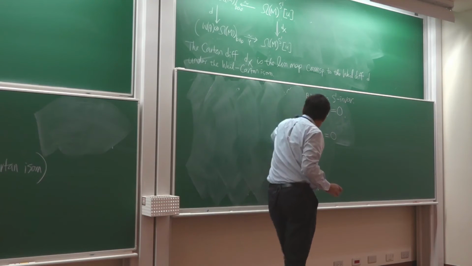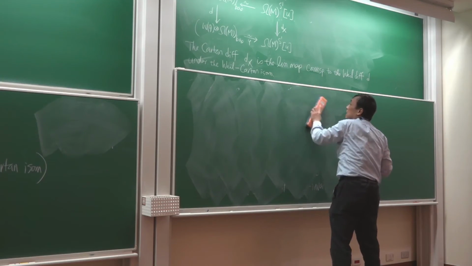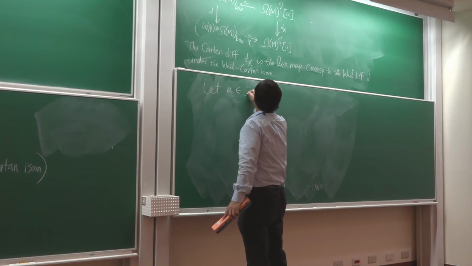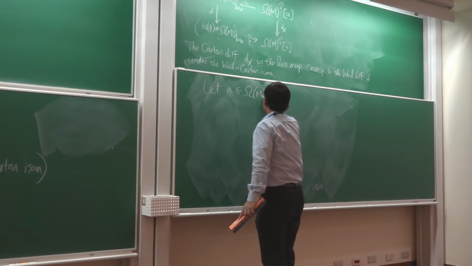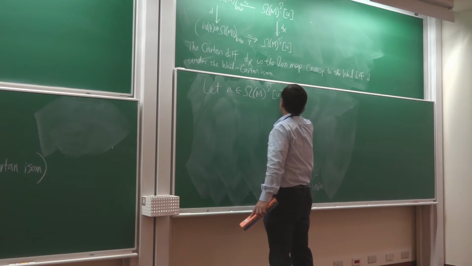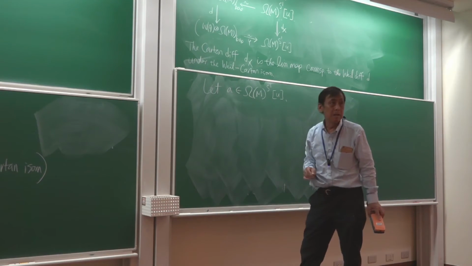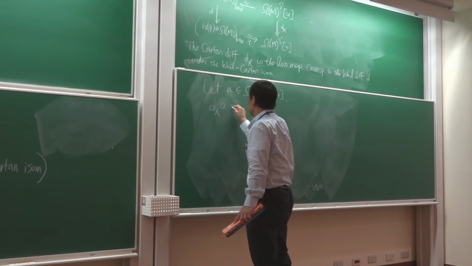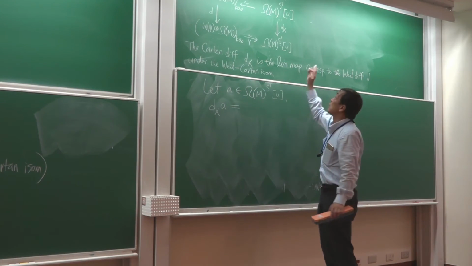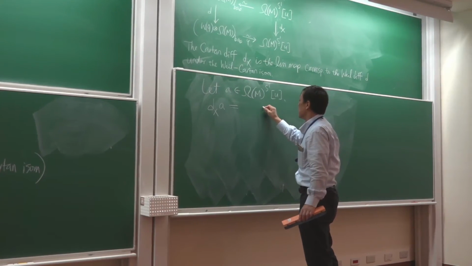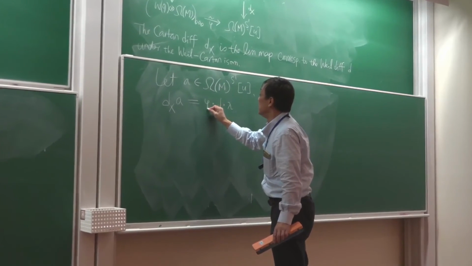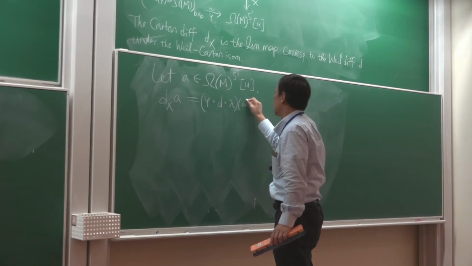Okay. So to compute it, you start with an element A in the Cartan model, and then you want to compute d_x of A. So first you should map it by lambda, then by D, then by phi.